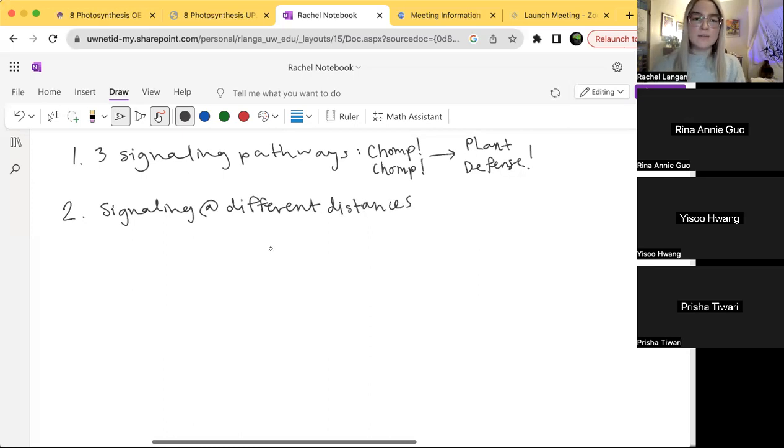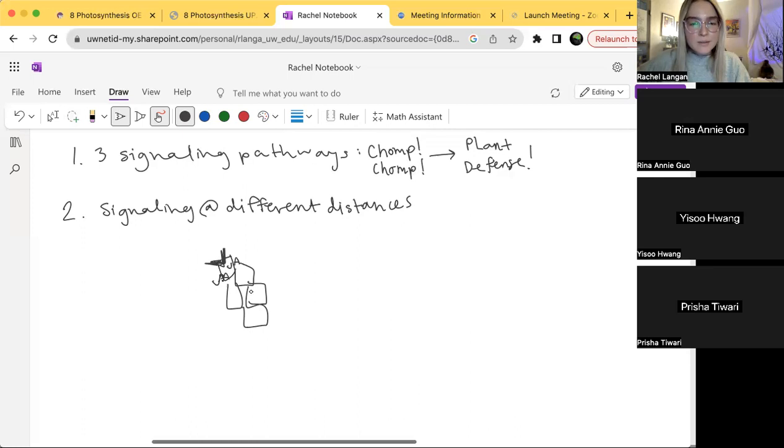So the main player of herbivory defense signaling is JA. Basically, if we have a bunch of plant cells and, chomp chomp, a caterpillar ate right here, how do we get JA signaling locally?